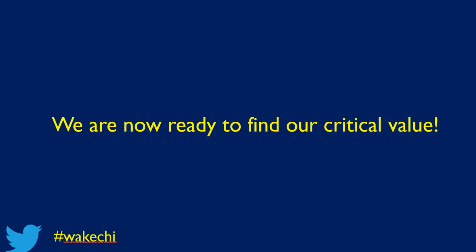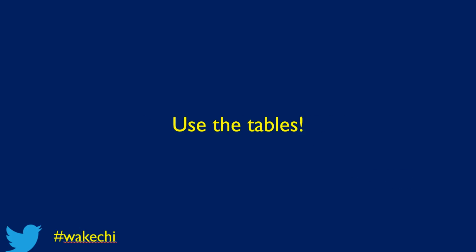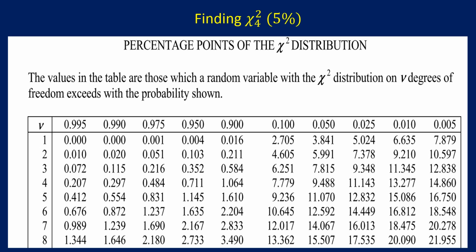Which means we're now ready to find our critical value. So this is what we're trying to find. Chi-squared for 4 degrees of freedom, and we're testing it at the 5% significance level. To find this, we need to use the table. So we need to use these statistical tables, which we have here.